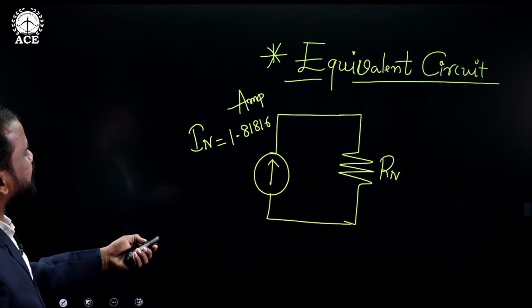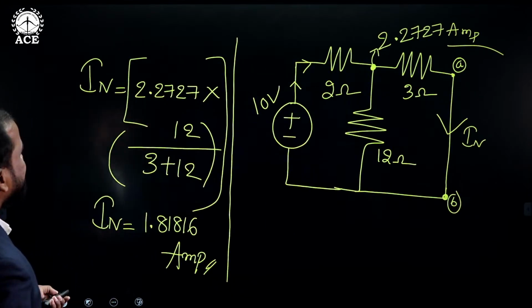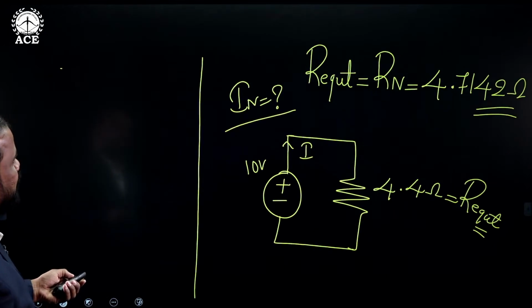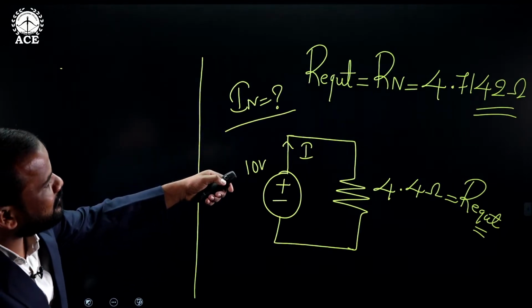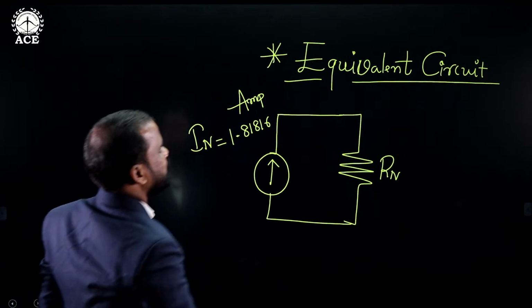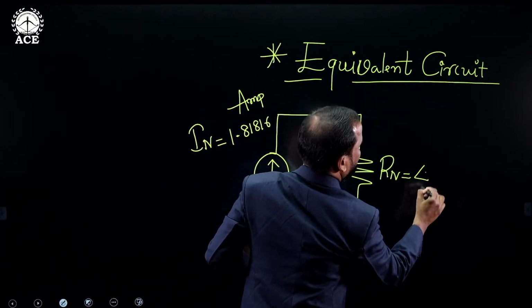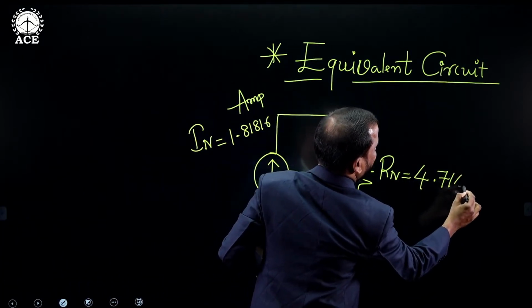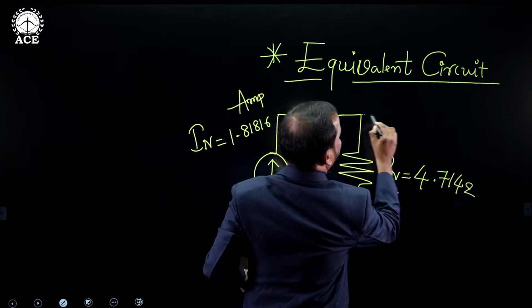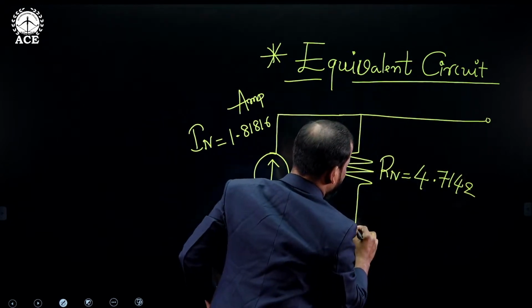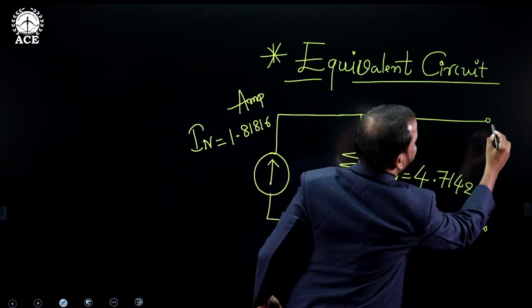Now what is the value of Norton resistance? Norton resistance is 4.7142. Now this is the two terminal equivalent circuit only.